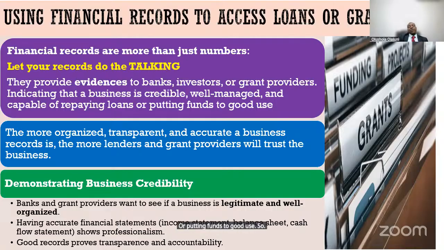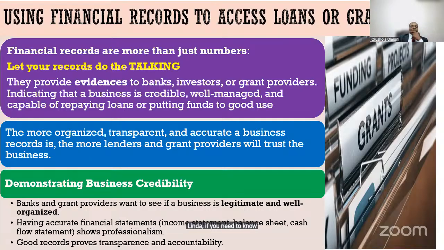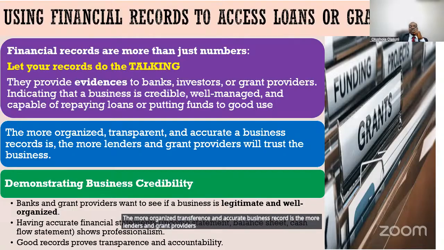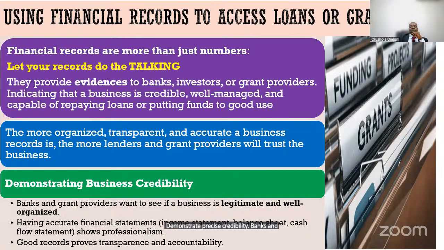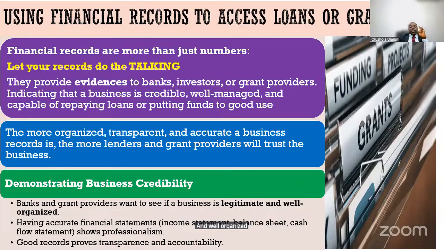So if you do it properly, I can assure you, once you submit your documentation for anything, when there is need, then you will be granted access to such funds. The more organized, transparent, and accurate a business record is, the more lenders and grant providers will trust that business. Demonstrate business credibility. Banks and grant providers want to see if a business is legitimate and well organized. I cannot emphasize more than that.